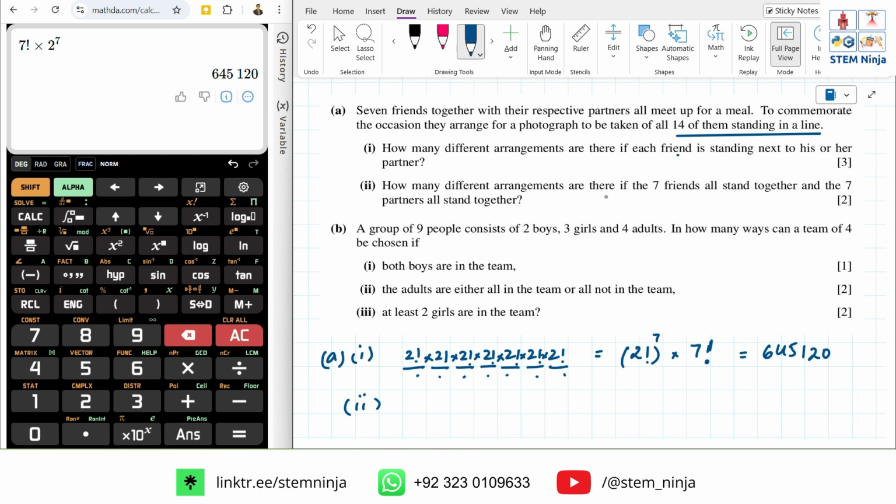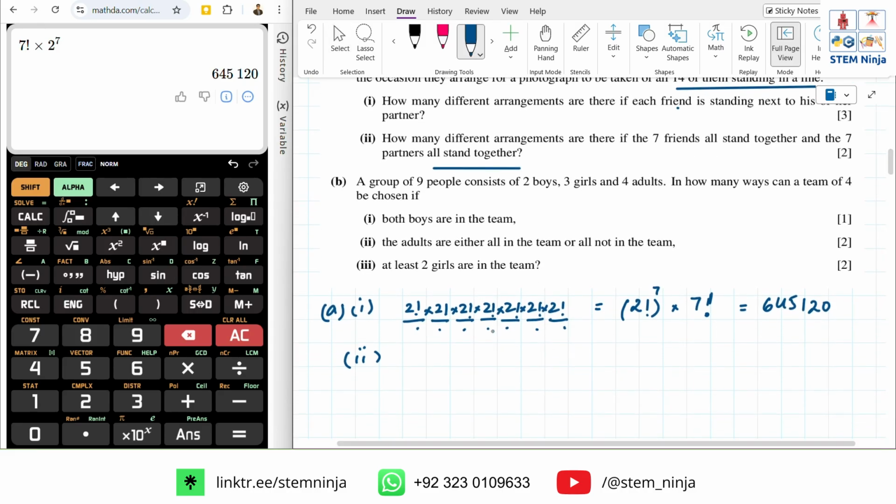How many different arrangements are there if 7 friends all stand together and all the partners stand together? Okay, so again, you then have two groups, 7 friends and 7 partners, and since these are 2 different groups, they can have their own arrangements.